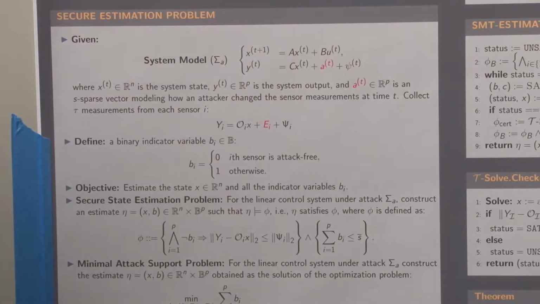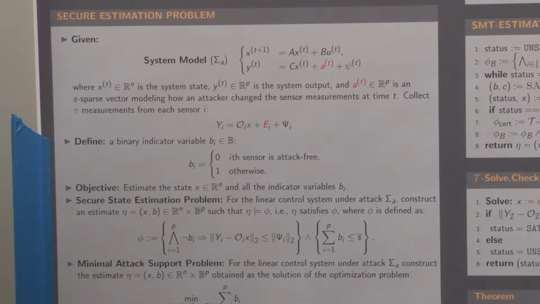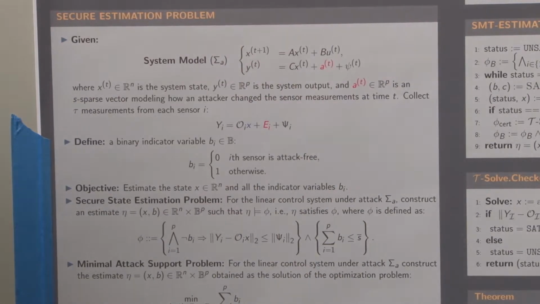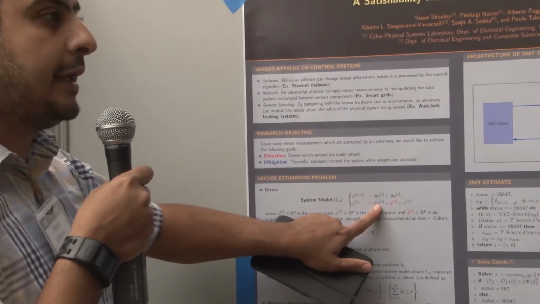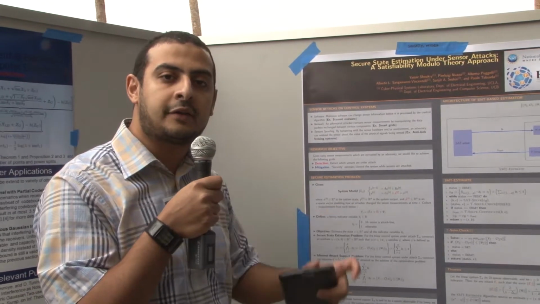The assumption that we have here is that the attack is sparse. This means that he cannot attack all of the sensors. He can attack some of your sensors. So we model the attack as a sparse signal, and our objective is to estimate the state of the system as well as this sparse signal.